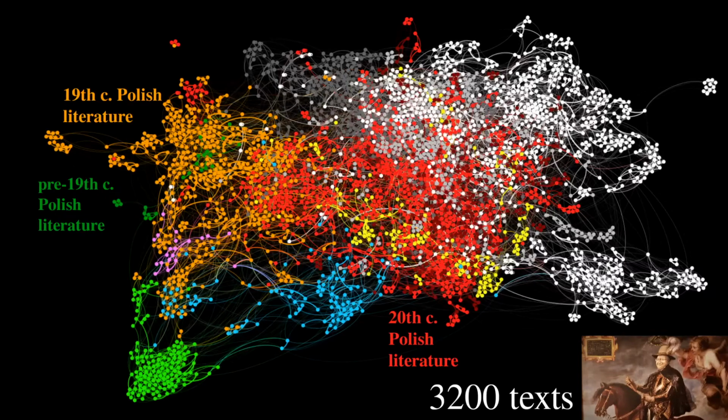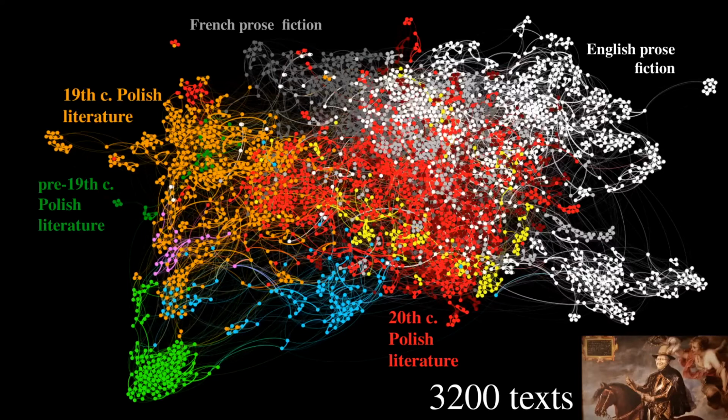And I think we also have a relatively less numerous dark purple fragment of 21st century Polish literature. And then it gets interesting because quite at the extremity, we have the white dots that represent texts translated from the English.